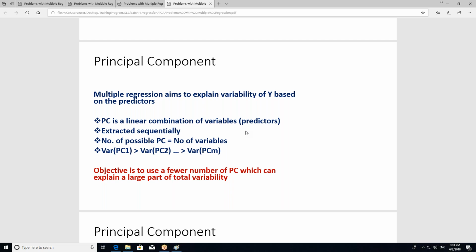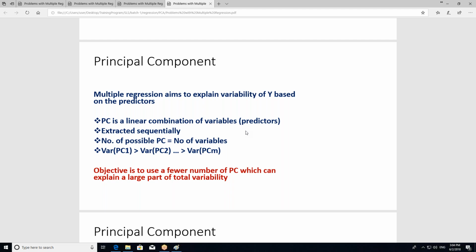So I have 5 variables. Now I am going to derive 5 additional variables, and these additional variables, which are called principal components, are completely orthogonal to each other. So I don't need to go back and see whether there is a multicollinearity problem in the principal components or not. I can directly take these derived principal components and build my regression model. Okay, so this is what I have done.